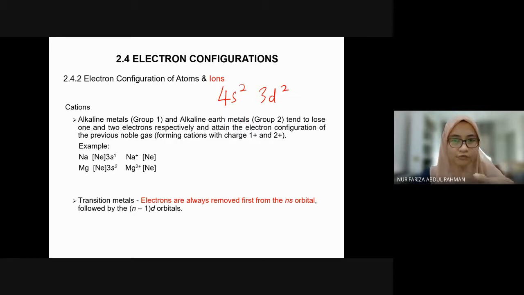My question would be, based on that understanding, we will remove from the outermost shell, yang paling luar sekali. Based on the partial electron configuration here, where would the electron be removed from? Is it from 4s or is it from 3d? 3d.